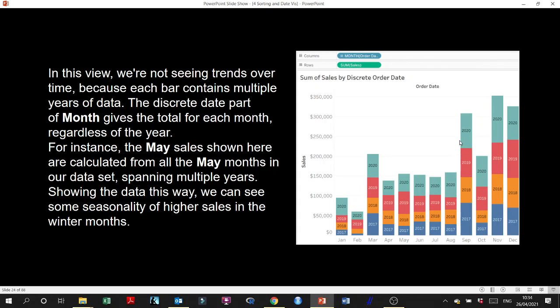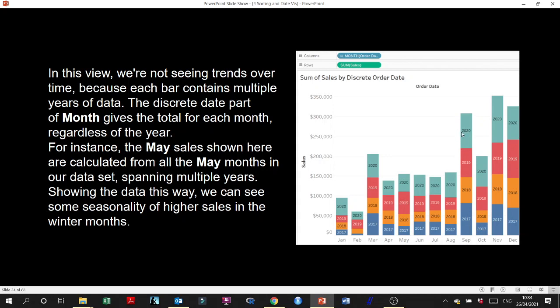I told you that we're going to go over this one more time. In this view, you can see the discrete date part of month of order date, sliced into different years because we added the year in discrete into the color. You can see that in certain seasons, or certain months of certain seasons, there are higher sales.